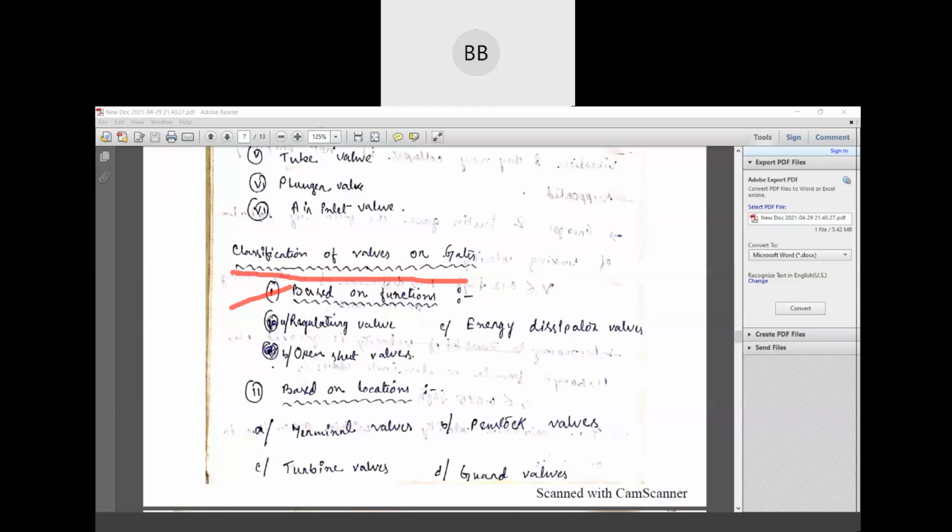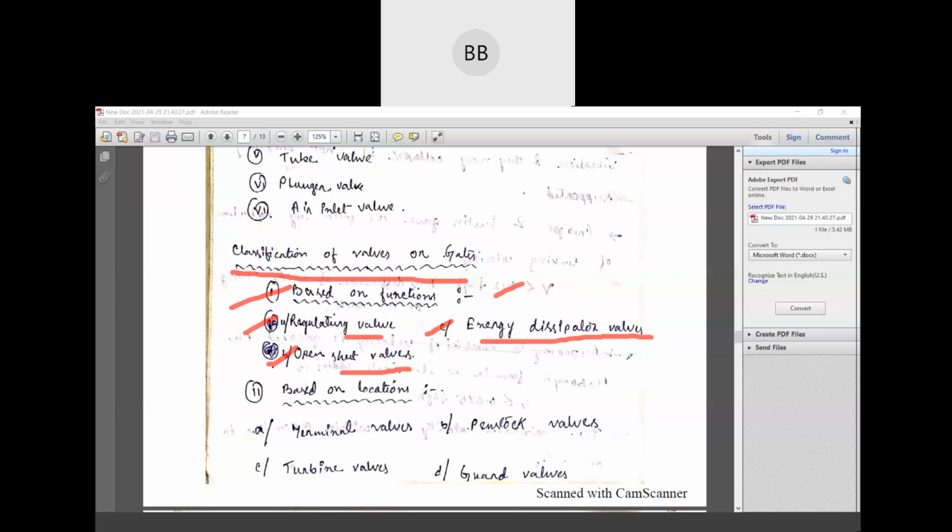So next you write based on function. Number one, regulating valve. Number two, open and shut valve. And number three, energy dissipator valves. Say again the third one?